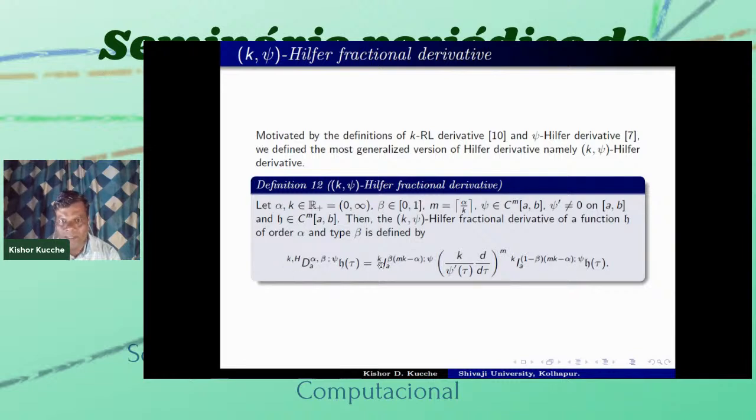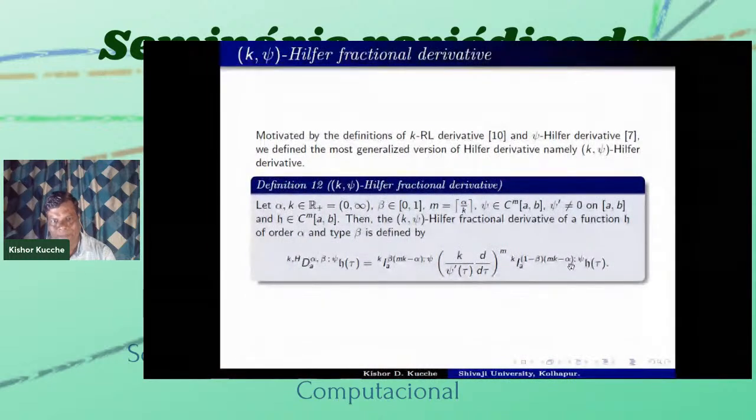It is the k-psi Riemann-Liouville derivative of order m k minus beta into (mk minus alpha), operated on the m-times operator k upon psi dash tau, d by d tau, which is operated on the k-psi Riemann-Liouville fractional integral of order (1 minus beta) into (mk minus alpha).